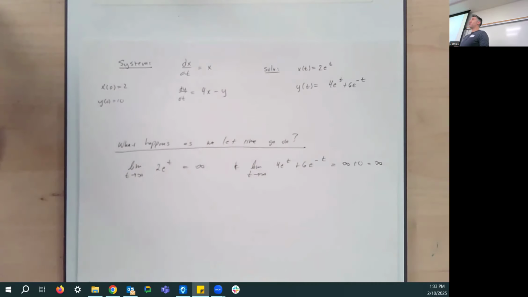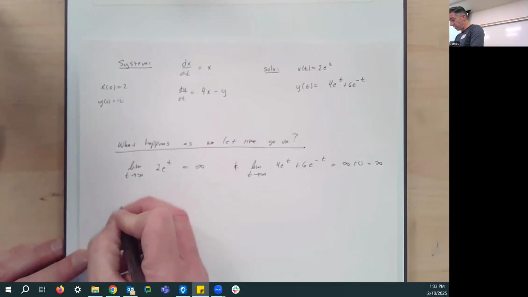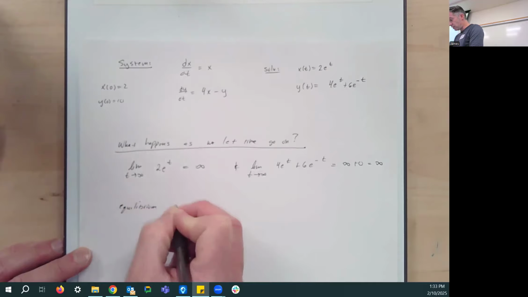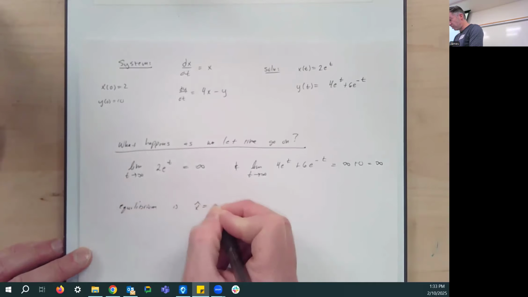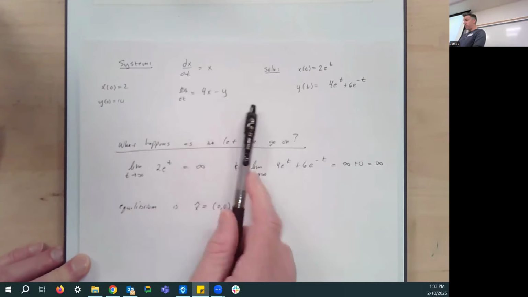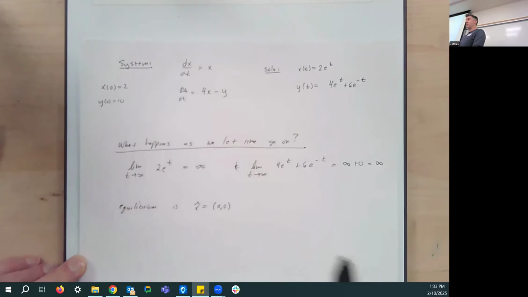So both of these populations are growing larger and larger, which means our equilibrium, x hat equal to 0, 0, is still an equilibrium. If x is 0 and y is 0, then both these derivatives are equal to 0, which means things aren't changing. But those equilibria are unstable.